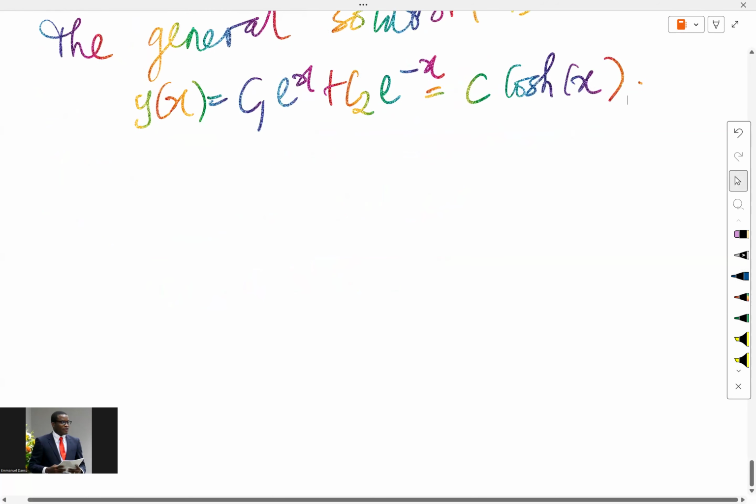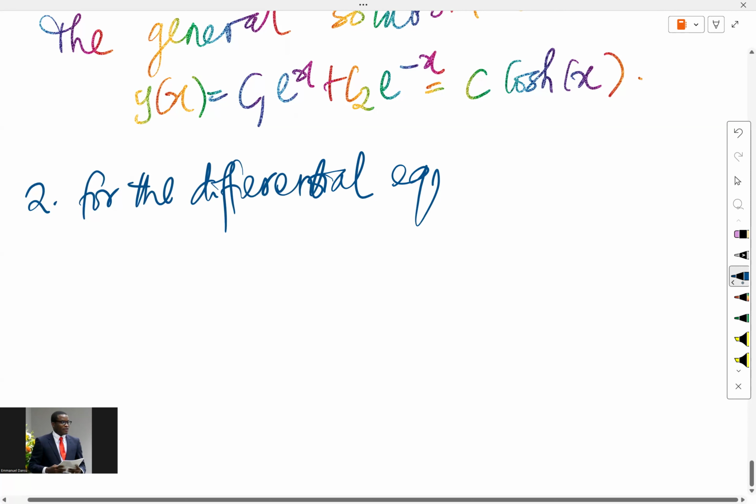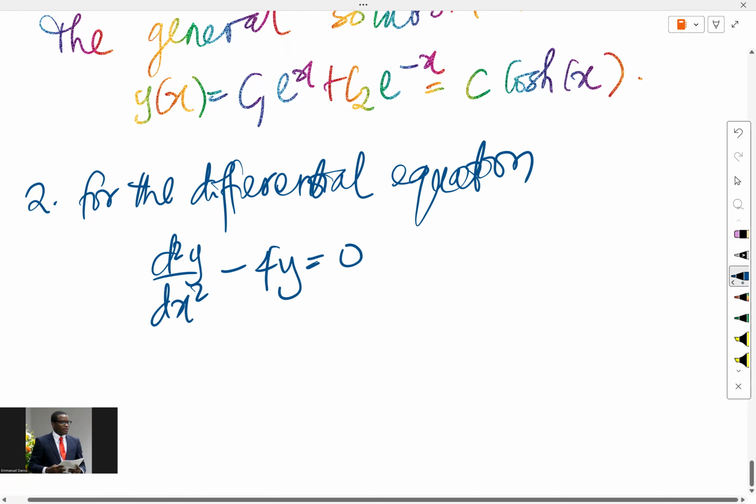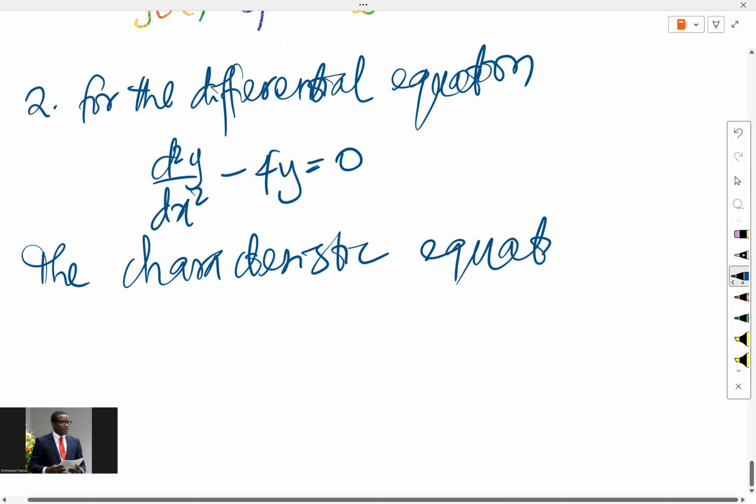Okay. So another example will be this. For the differential equation d squared y dx squared minus 4y equals 0, again, the characteristic equation here is actually r squared minus 4.